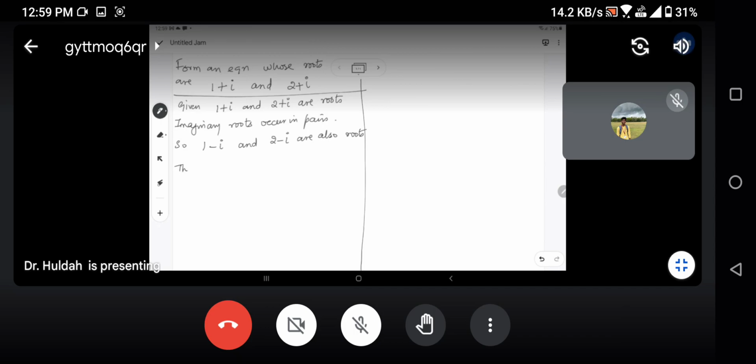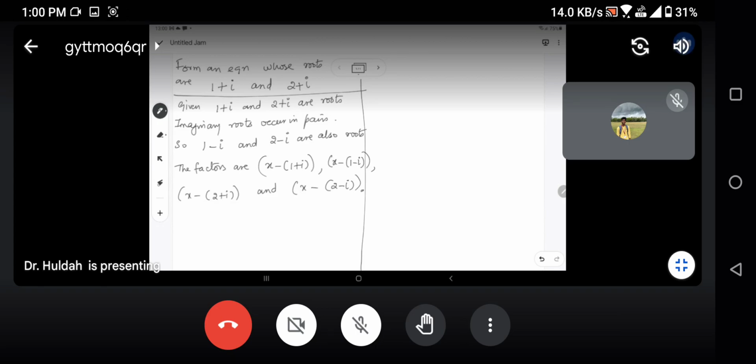So let's write the factors. The factors are x minus 1 plus i, x minus 1 minus i, x minus 2 plus i, and x minus 2 minus i. Okay, all these are factors.